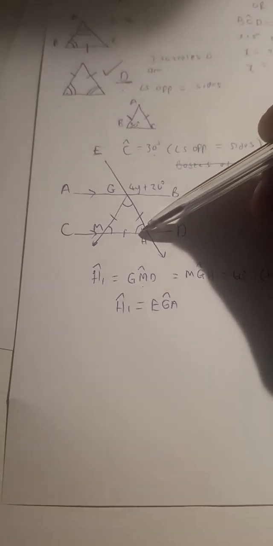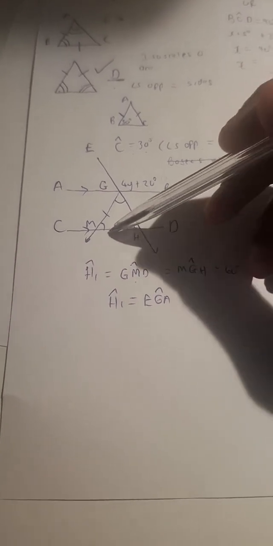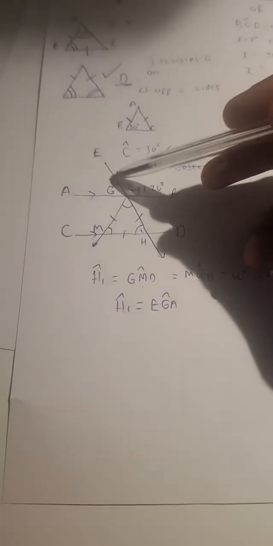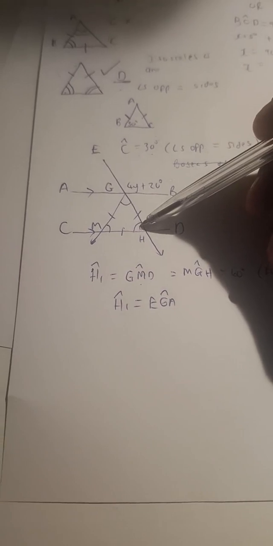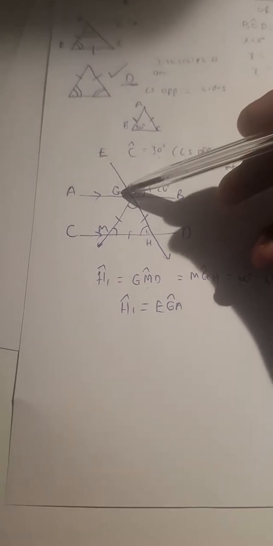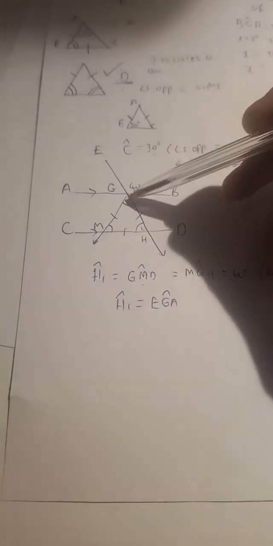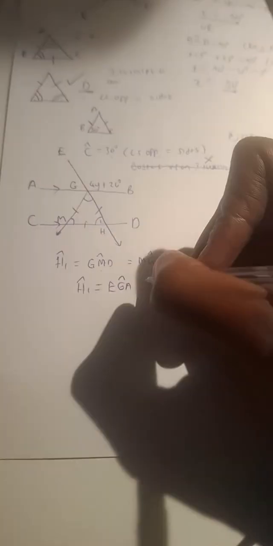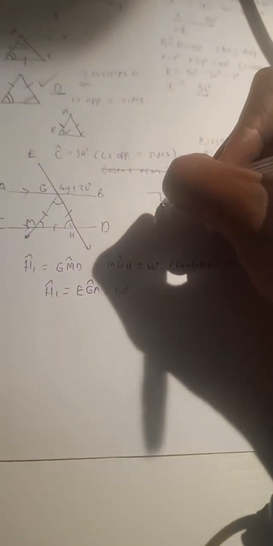Because I can see these lines are parallel on top of this parallel line on the same side of the transversal line. If this H1 is 60, then it serves to reason that this angle AGE or EGA is also 60 degrees. That is my F shape, guys.